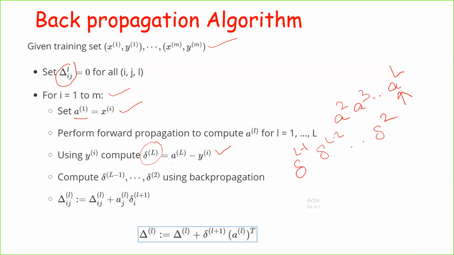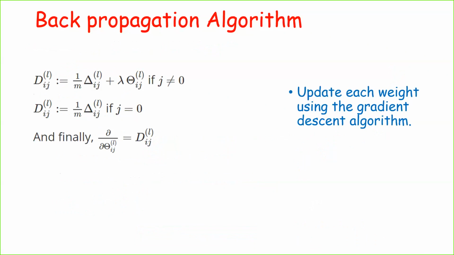And now we are computing the gradients associated with each and every weight using this formula. Then summing, adding them together and finally taking the average value here, 1 by m, delta ij L. So for j equal to 0, there is no regularization term associated with that.